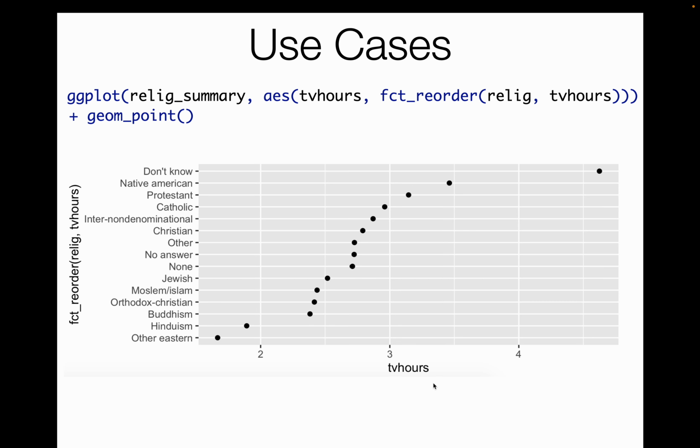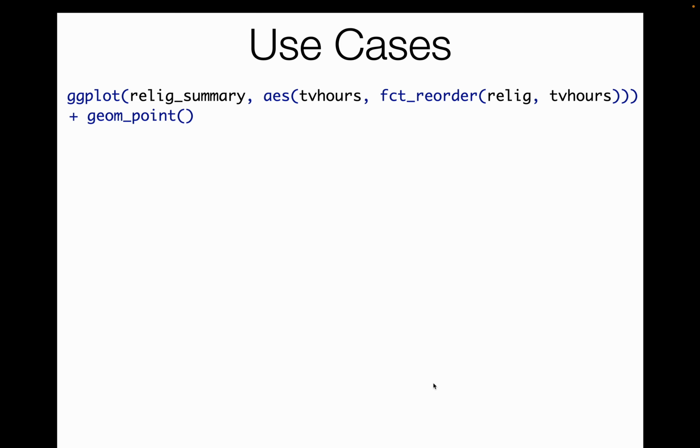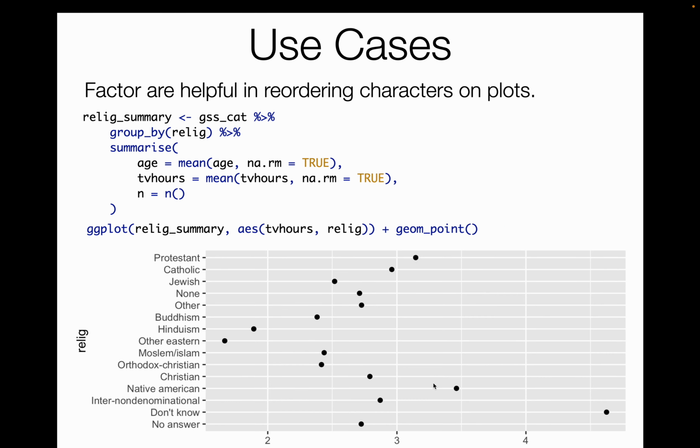It says I want to reorder religion, which by default, if we look before, doesn't seem to have any rhyme or reason. It doesn't go in alphabetical order. It doesn't really go in any order, so maybe it's what it saw first in the data set. For some reason, this is how it showed up on the y-axis. And that wasn't really helpful.